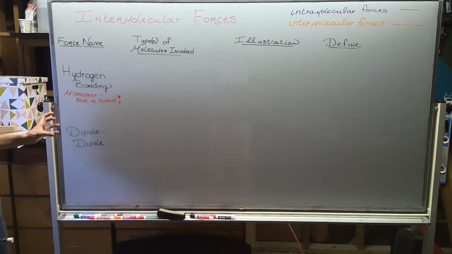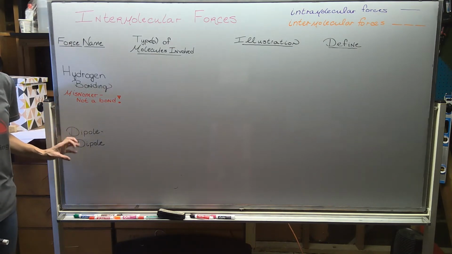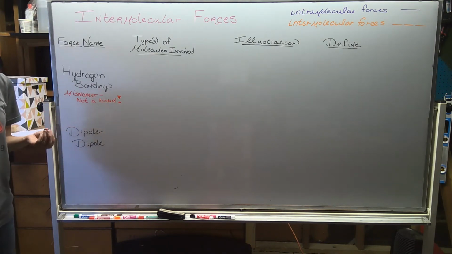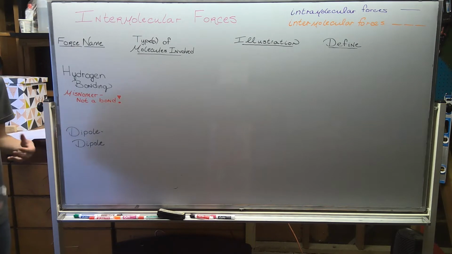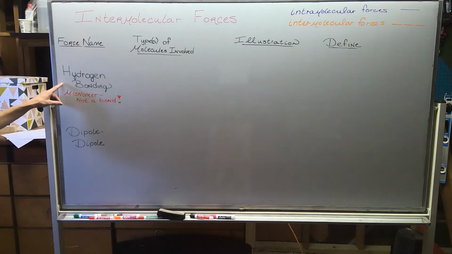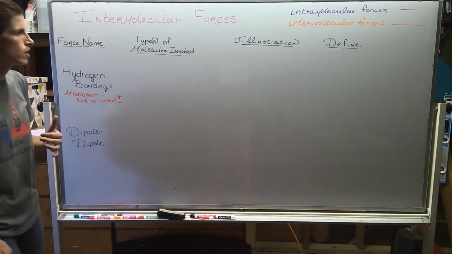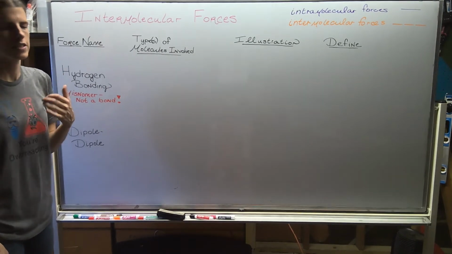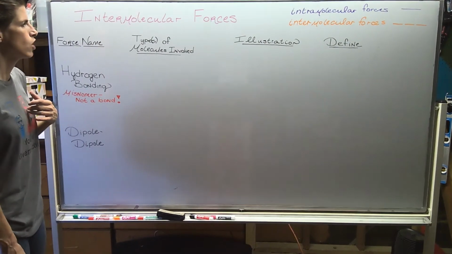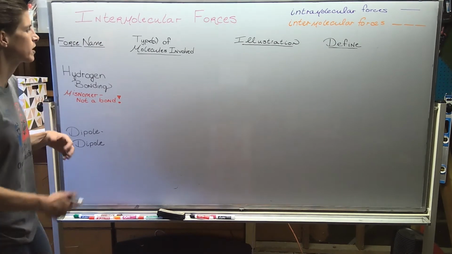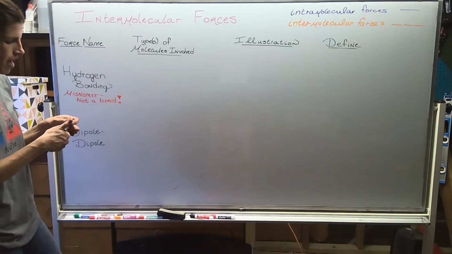Now we're moving on to covalent compounds, and their intermolecular forces are weaker because they don't dissociate and form ions. Hydrogen bonding will be the first one. With hydrogen bonding, this is kind of silly, but I always think about ET phone home, like when we're little.